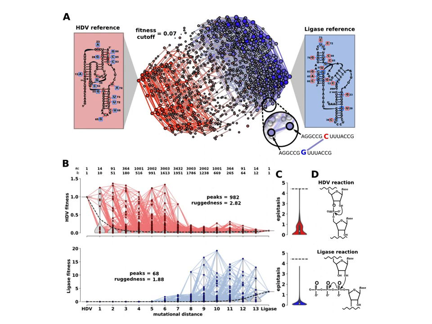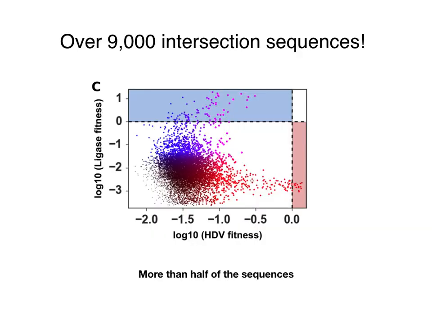And in fact, when we looked for all the sequences that could catalyze both reactions, we actually found over 9,000 intersection sequences. And I would say this was a little surprising. And what was also surprising is that while many of the sequences have very low activity for both functions, some of these sequences had relatively high activity for one function and still had very detectable activity for the other function.